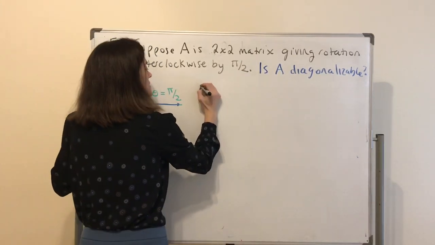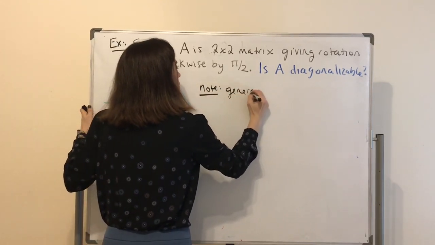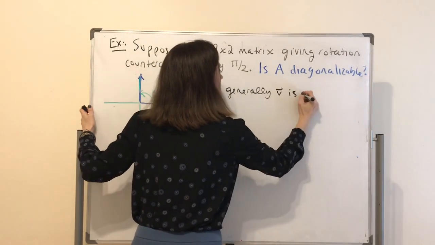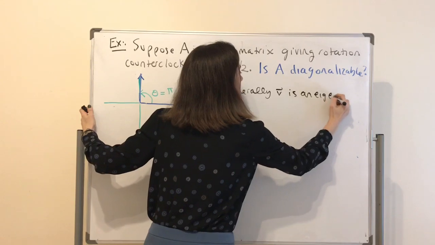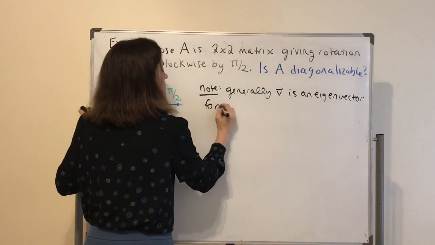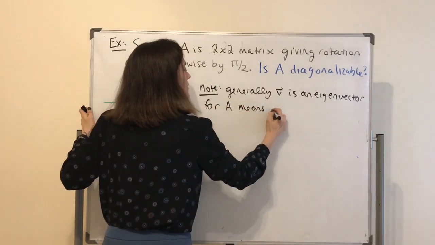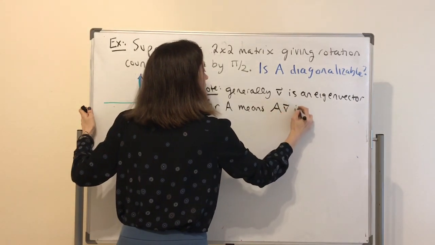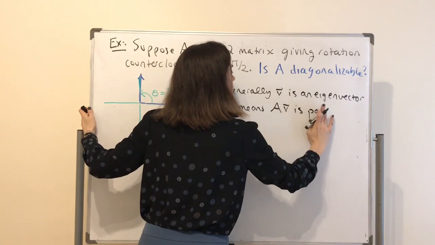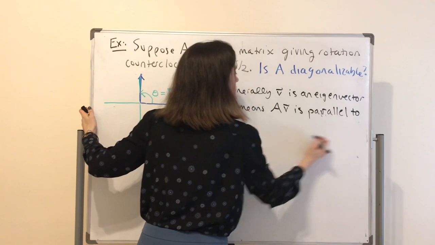So note, and this is general: V is an eigenvector for A. It means that AV is parallel to V.